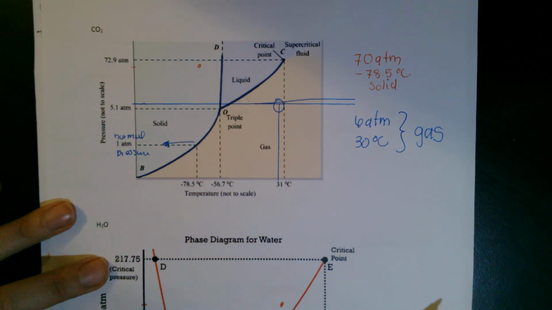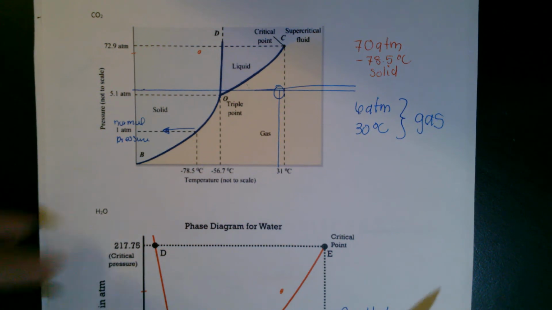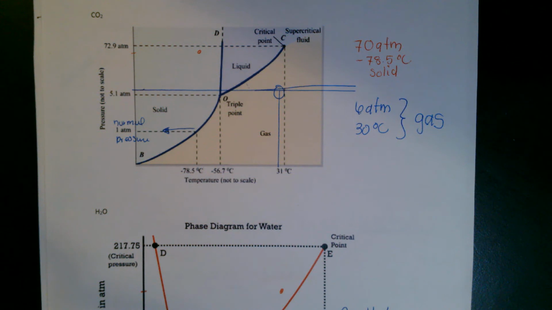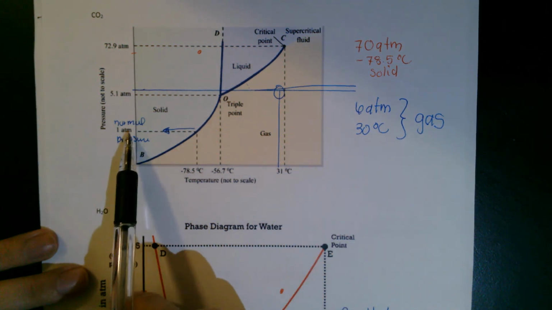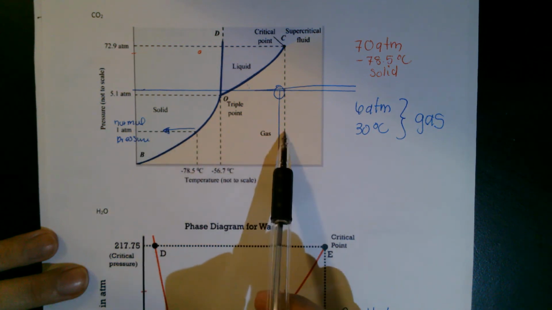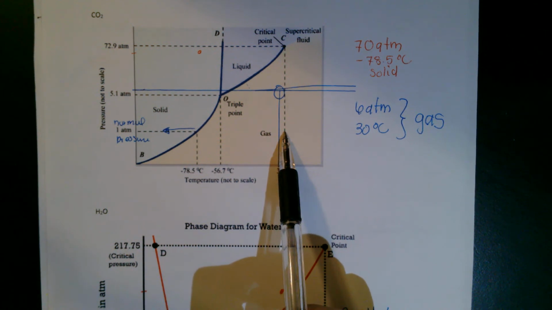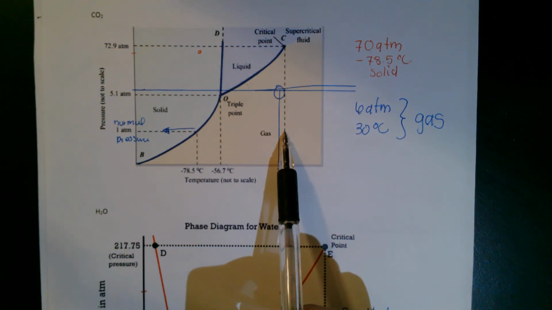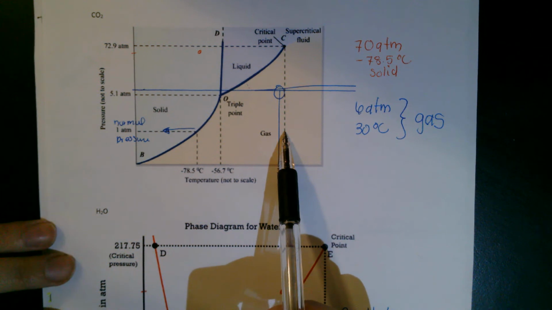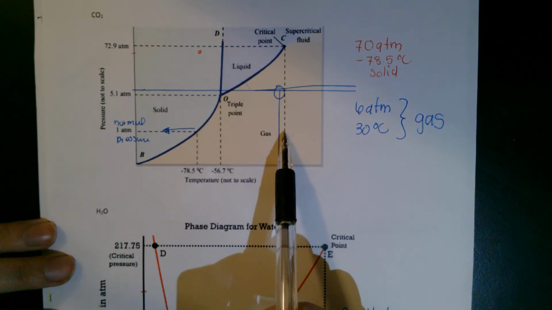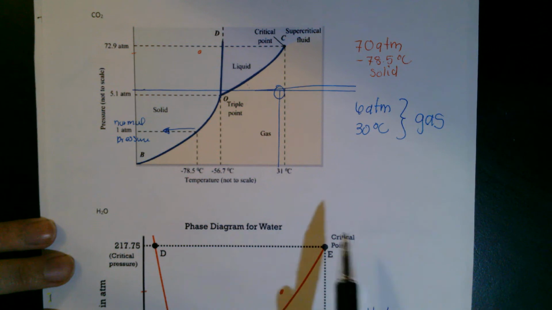If you're doing some of the problems in the book, or practicing homework, and it asks what phase something would be at 31 degrees Celsius and normal pressure, normal pressure means 1 atmosphere. For CO2, that puts us here in the gas phase. A nice hot sunny day at normal atmospheric pressure would be solidly in the gas phase.